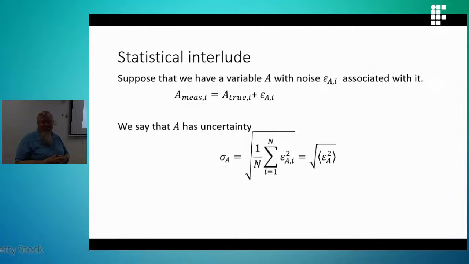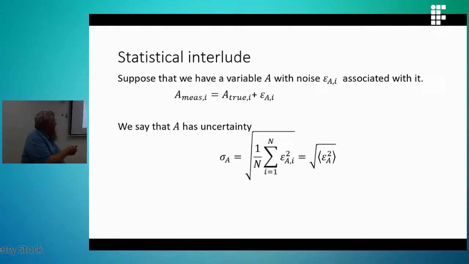I have a true value plus some noise term, and the noise term is just random error. The question is, what is the value of A? I'm going to assume that these random errors have an equal probability of being plus or minus, so if I add up a bunch of them, they average out to 0.